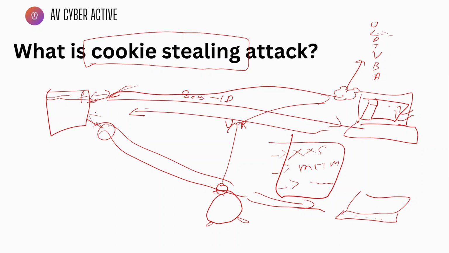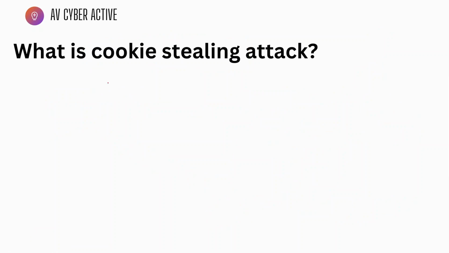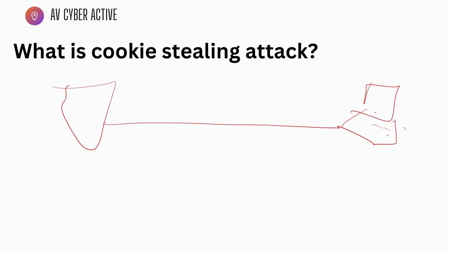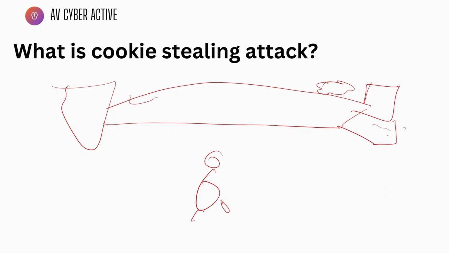If they have proper controls in place, it would discard one of the cookies, or just discard the entire cookie and say: user, you can go ahead and try to log in or give me the credentials once again, I'll validate them, and if everything is fine, I'll give you a new cookie. With that, the attacker will be very disappointed, because the attacker will not have the cookie it was looking for so that it can impersonate the user.